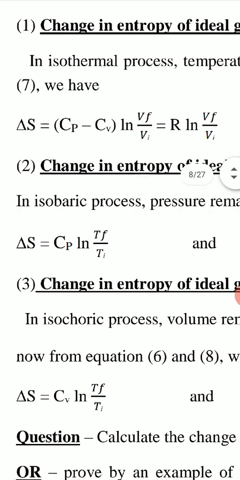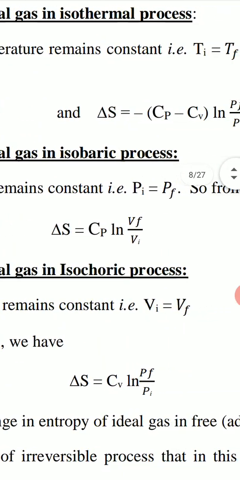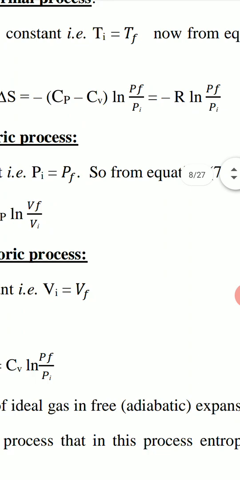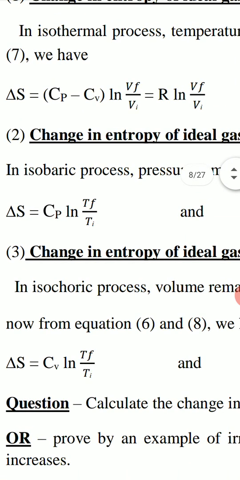Remember this term, change in entropy of ideal gas in isothermal process. We have these two expressions. Delta S is equal to (Cp minus Cv) log Vf upon Vi, that is R log Vf upon Vi. If the process is isothermal and volume changes from Vi to Vf, change in entropy of 1 mole ideal gas is R log Vf upon Vi.